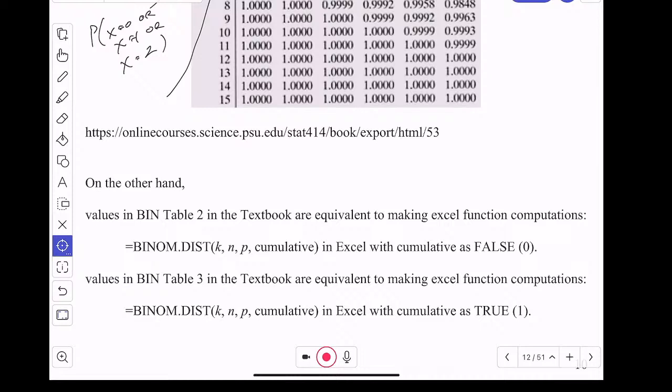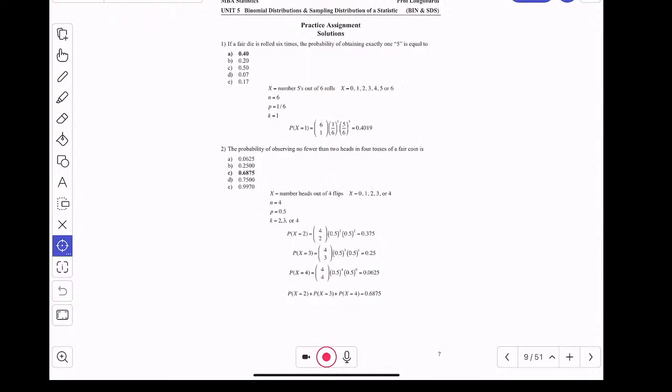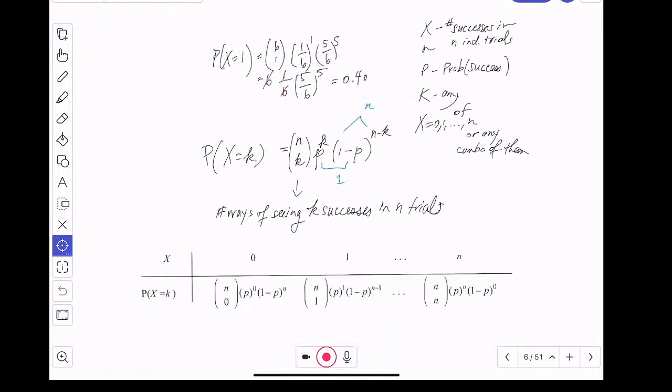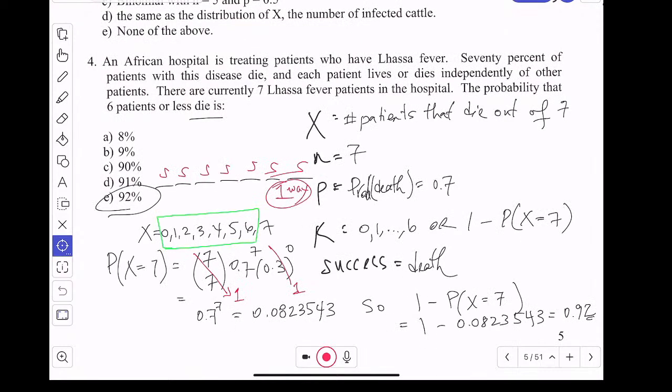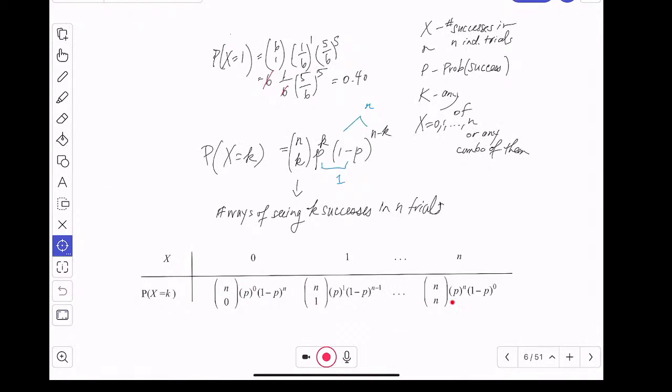If you don't want it to be cumulative, you say false, 0, so that it will give you the values like we were calculating them here. So you get them separate, just one at a time.